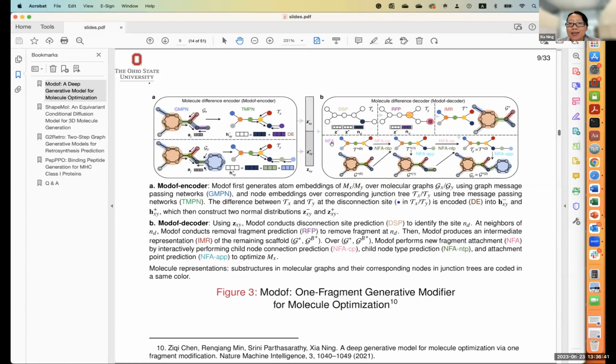I think that's a very good idea, and one of our current ideas is to generate molecules that are synthesizable. During the process of the generation, we want to make sure explicitly that the molecule is synthesizable, and we can even provide the synthesis path for the molecule. But in this piece of work, my answer would be no. We didn't explicitly consider whether the modification is synthetically accessible or not.